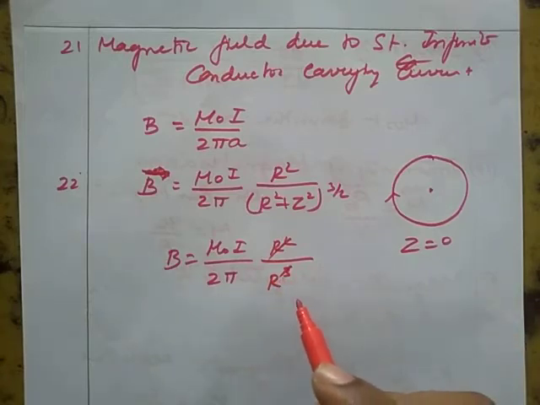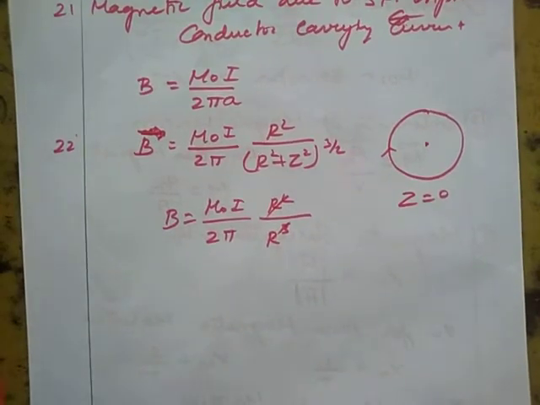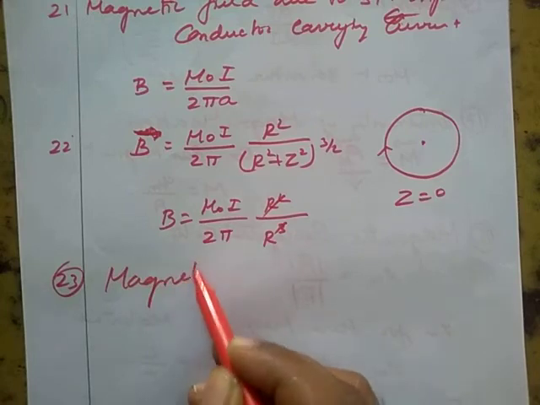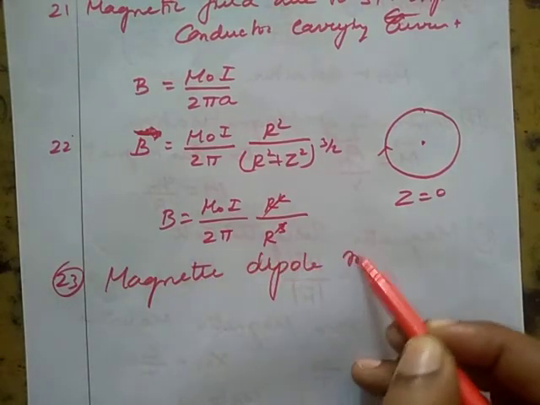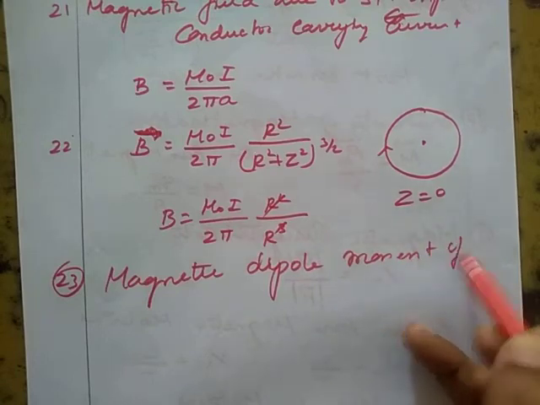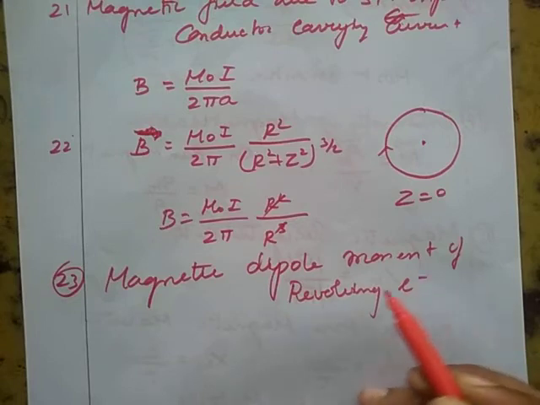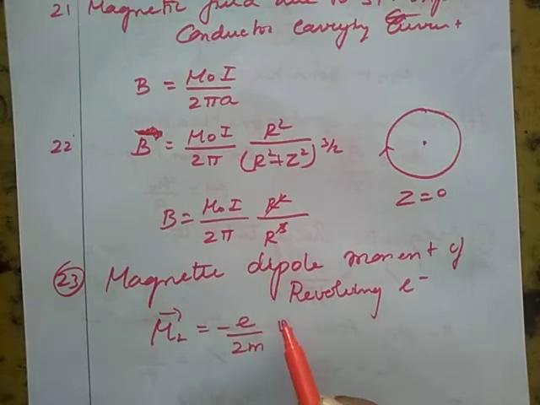Then let us see the next one, the magnetic dipole moment of a revolving electron. That is mu L vector is equal to minus e by 2m L vector.